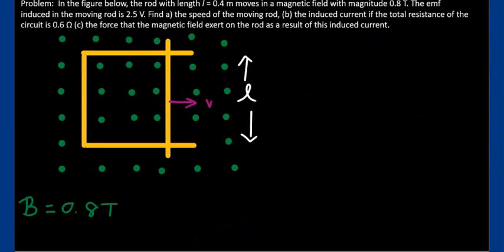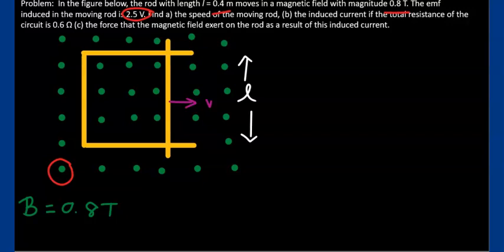Let's look at the following problem. In the figure below, the rod has a length of 0.4 meters. And it moves in a magnetic field with magnitude 0.8 Tesla. And the field is coming out of the plane. The EMF induced in the moving rod is 2.5 volts.